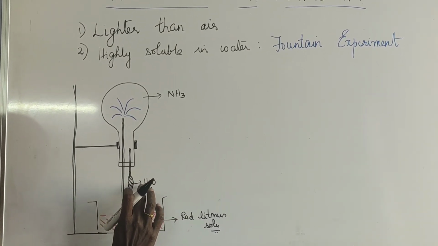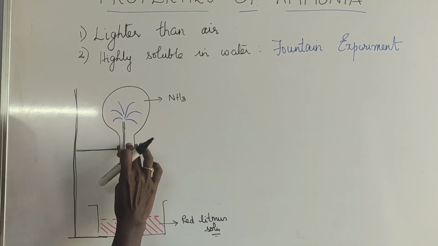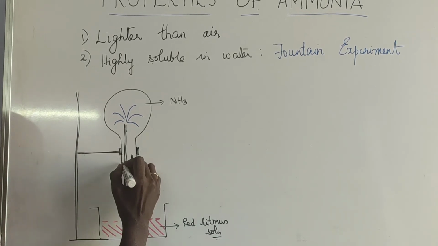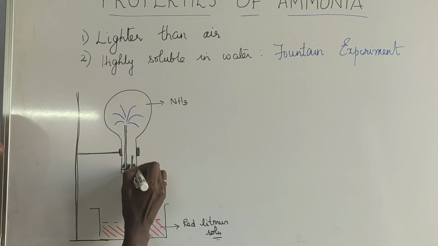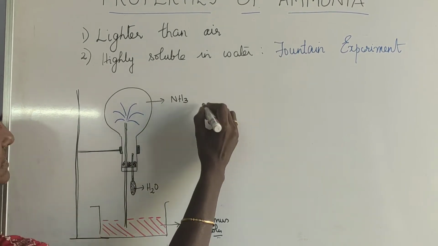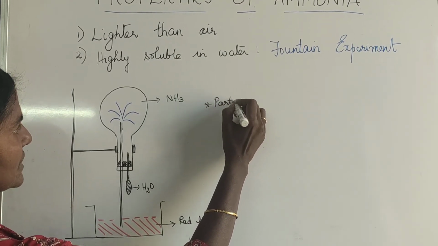When the dropper containing water is squeezed, it releases this water and comes in contact with ammonia, and it forms some ammonium hydroxide solution here.